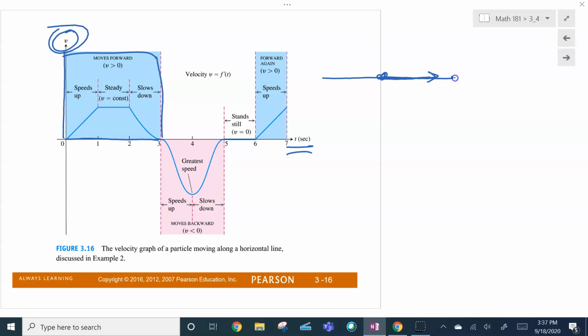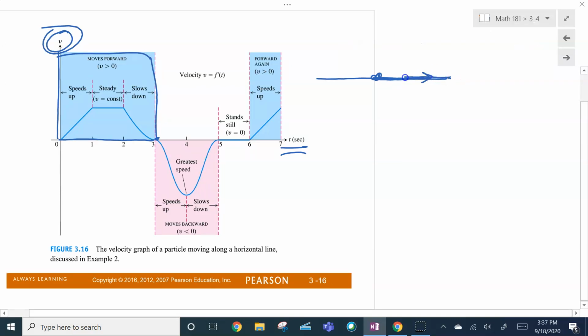And then it stops, velocity is 0, and then that thing goes backwards between 3 and 5 seconds, right? And then it stops between the 5th and 6th seconds. The velocity is 0 that whole time. And then it goes back to the right again.